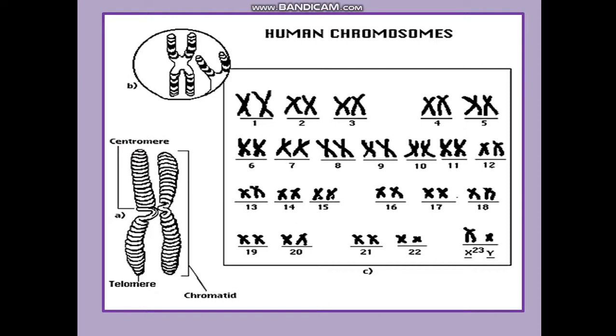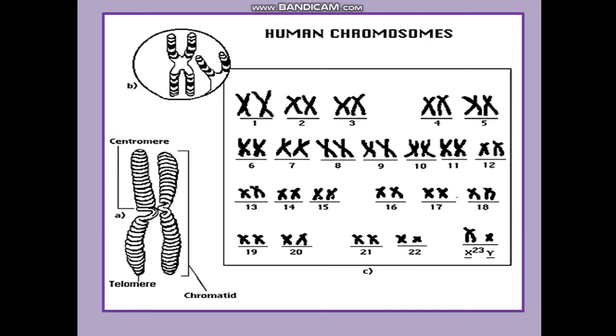A karyotype is said to be asymmetric when there is a large difference in the size of the first and the last chromosome. Can you see it? The first chromosome is this large and the last, 22nd chromosome is this small. So there is a large difference between the size of the first and the last chromosome when arranged in descending order of size. Such an ideogram or karyotype is called asymmetrical.